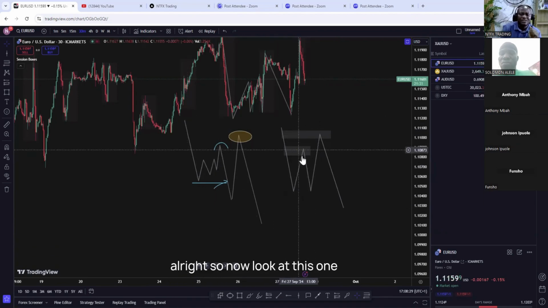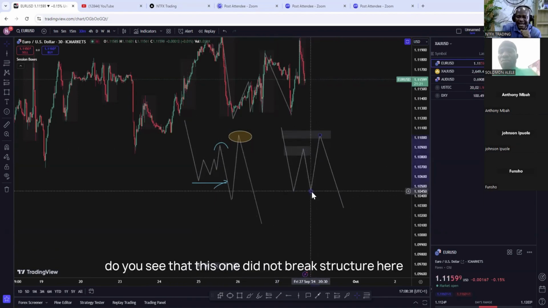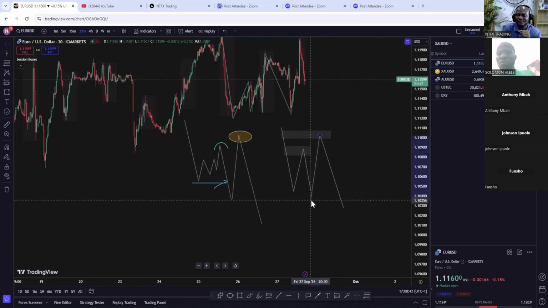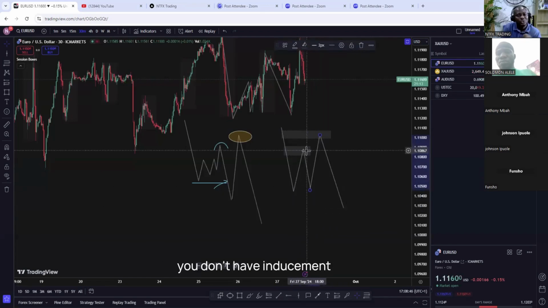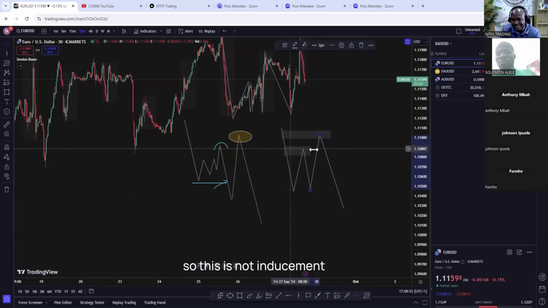So now look at this one. Do you see that this one did not break structure here? Yes. Correct. Because there is no break of structure, you don't have an inducement. So this is not an inducement.